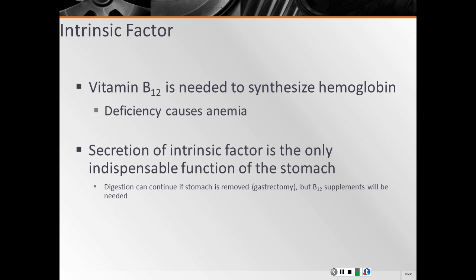The secretion of the intrinsic factor is the only indispensable function of the stomach. As people get older, the gastric mucosa atrophies and the risk of pernicious anemia starts to increase.